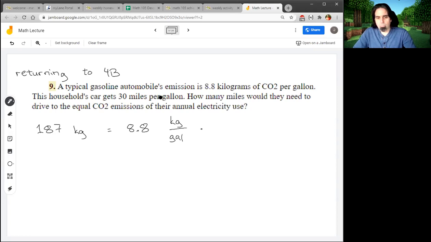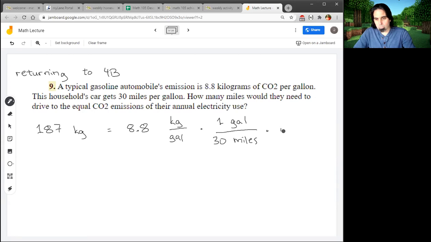Then we want 30 miles per gallon. We want things to cancel out unit-wise. So there's a gallons in the denominator. We need to put one in the numerator. So every gallon is 30 miles.